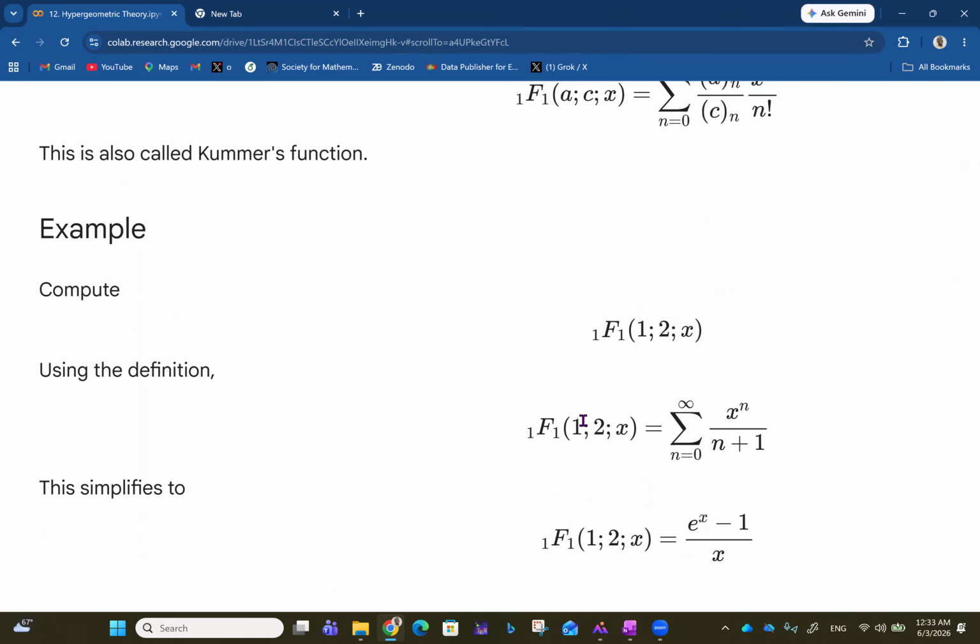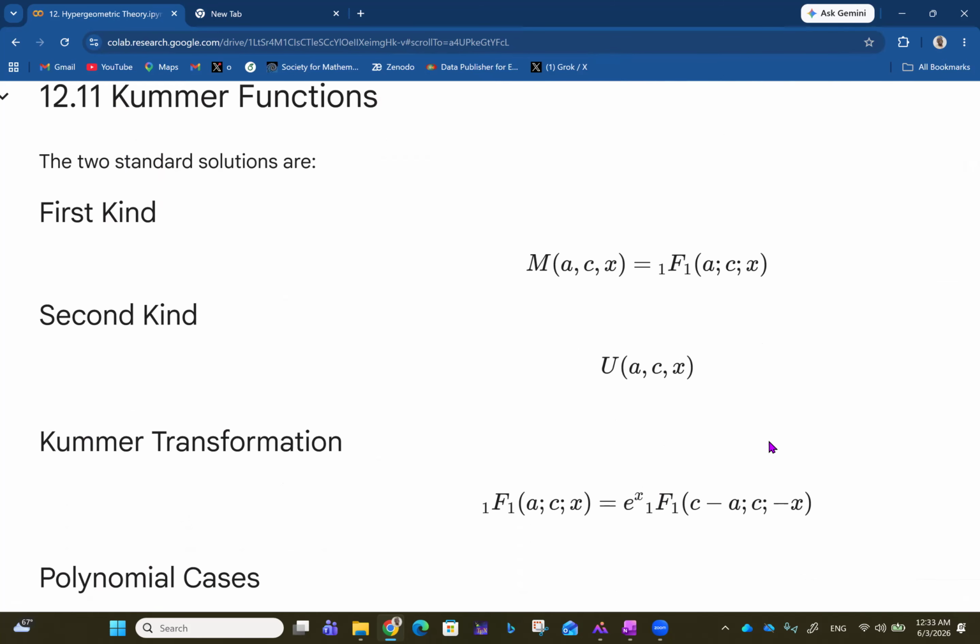So you then have 1F1(1; 2; x) equals the summation from n equals 0 to infinity of x^n over, I think this should be n plus 1 factorial actually. And then this simplifies to e raised to x, minus 1, all over x. Of course, for e raised to power x to appear here, there must be a factorial going on here. So that's why I feel that this n plus 1 should be n plus 1 factorial. So you want to check that to be sure.